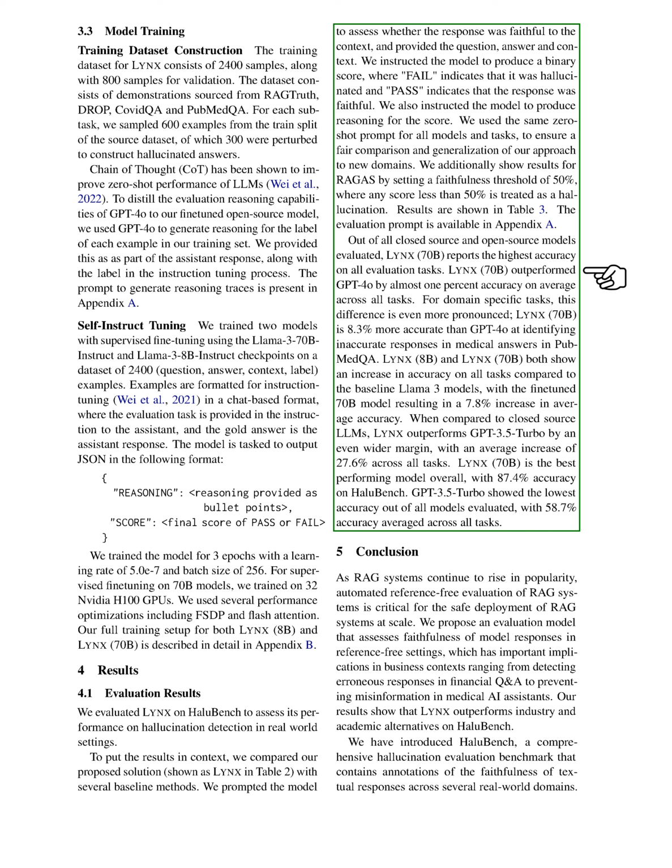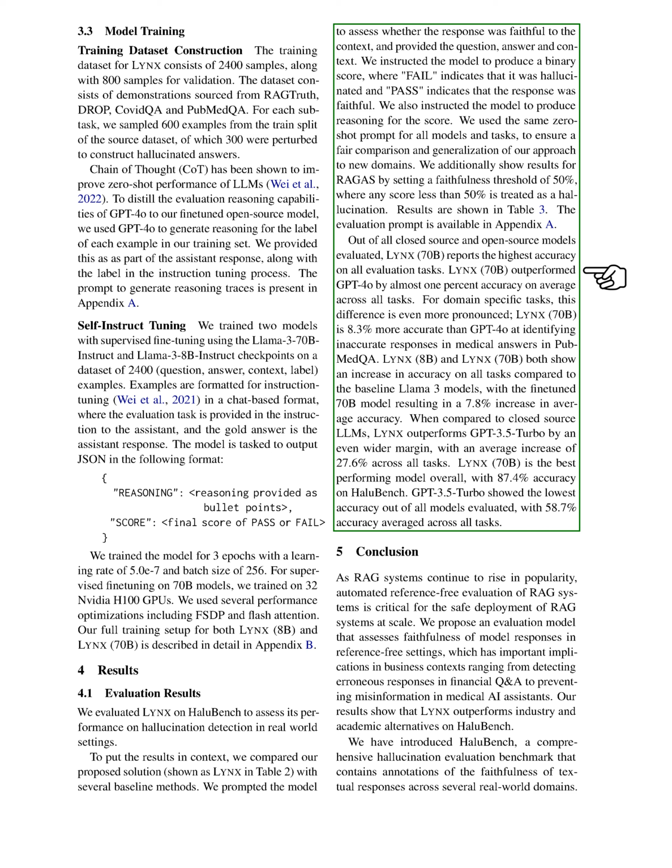Lynx 70B demonstrated the highest accuracy across all evaluation tasks, outperforming GPT-4o by nearly 1% on average. In domain-specific tasks, Lynx 70B excelled further, showing an 8.3% higher accuracy in identifying inaccurate responses in medical answers in PubMed QA compared to GPT-4o.